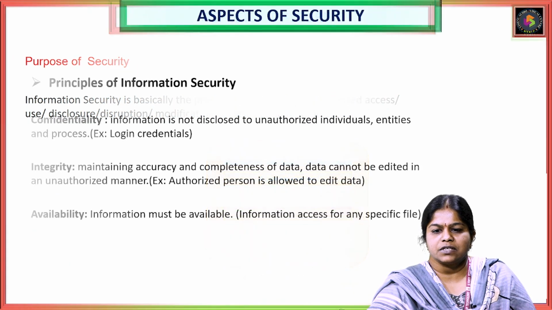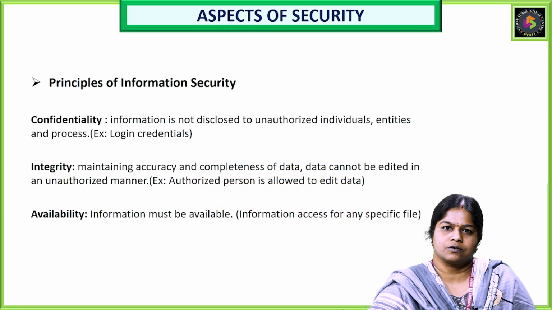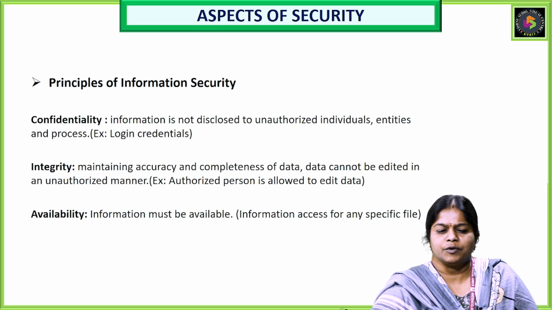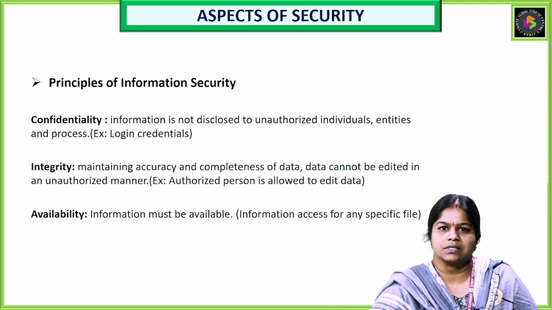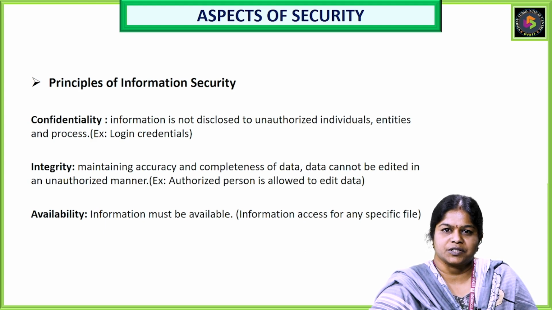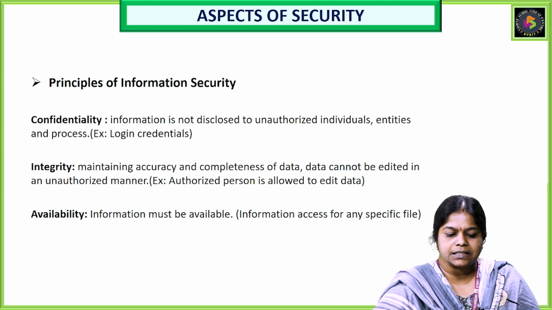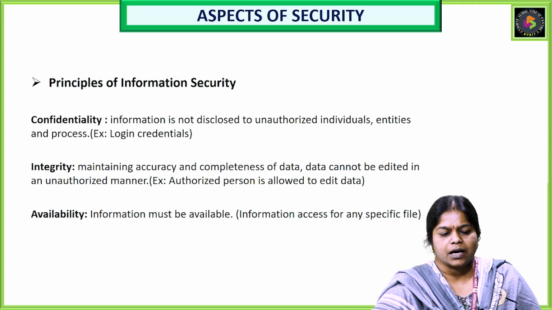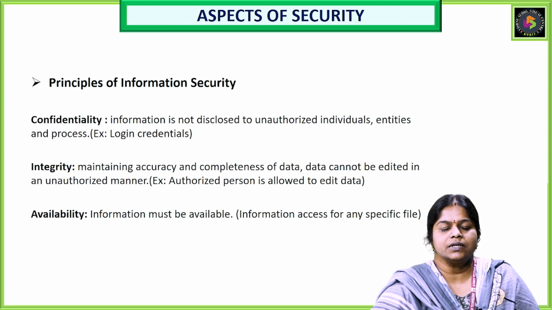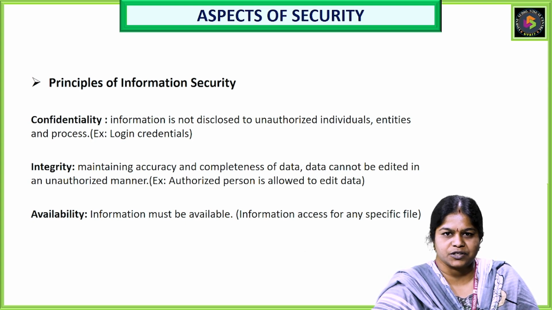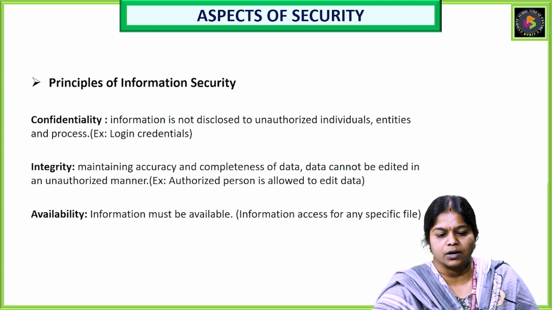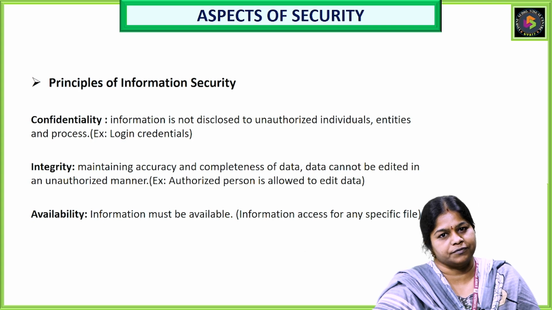And now we'll move to the aspects of security. Before going into that, we'll discuss the main principles we have for information security. The basic principles are three: confidentiality, integrity, and availability. Coming to confidentiality, during the transmission of the information onto a network model, we have to maintain confidentiality.